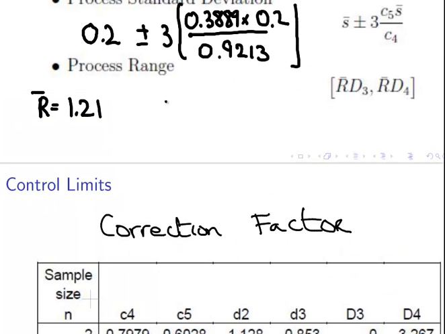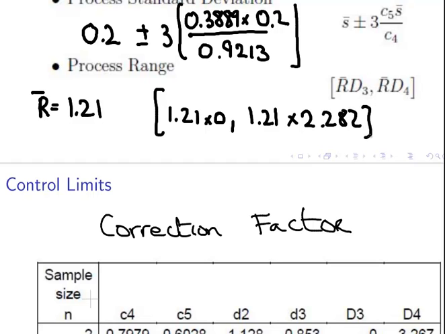So we have 1.21 times 0 and 1.21 times 2.282. So that's how we calculate the control limits there. That's necessarily going to work out as 0 and 1.21 times 2.282.